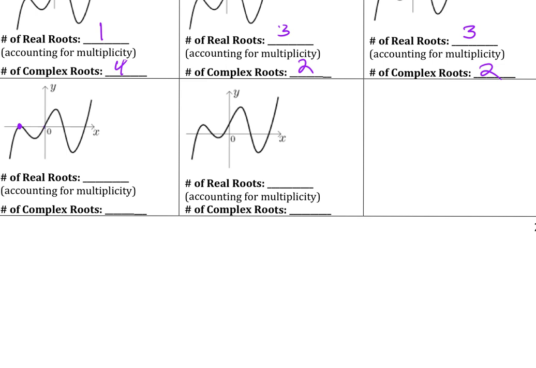So 2, and then 3, 4, and 5. So I actually have 5 real zeros, which means I have 0 complex zeros. And then looking at another example here, I have, again, 1, 2, 3, 4, 5 real zeros, so once again, we have 0 complex zeros.